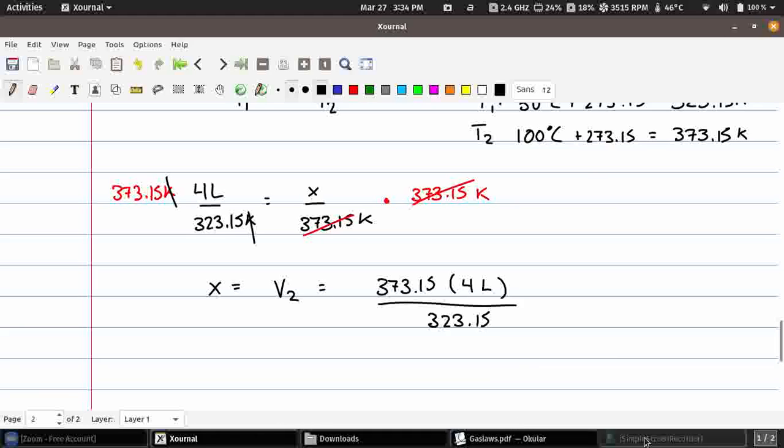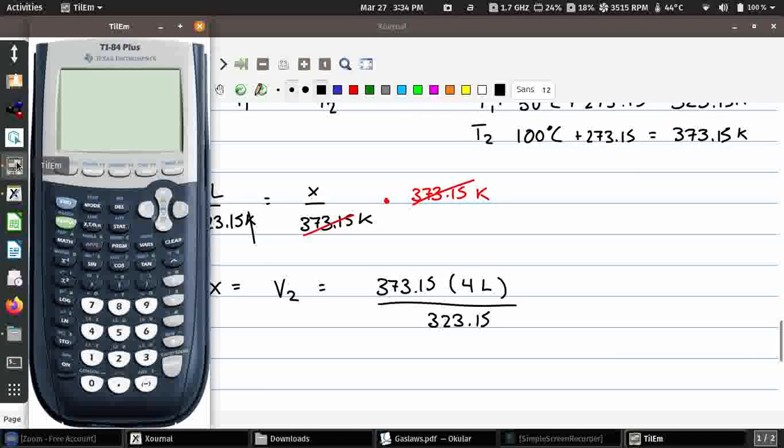So all you gotta do is plug it in the calculator. So let's do that. To do that, you need parentheses for the top again. 373.15 times 4 divided by 323.15.